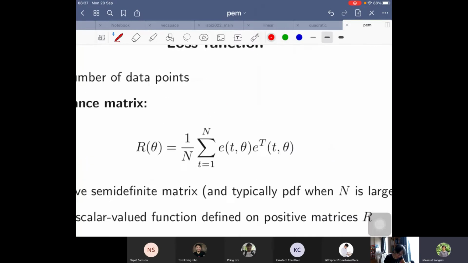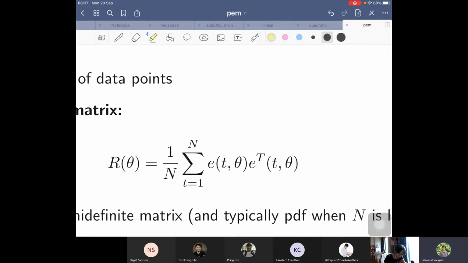This is a sample covariance matrix. What do you know about its property? When you see the outer product of two vectors, is it positive semi-definite?